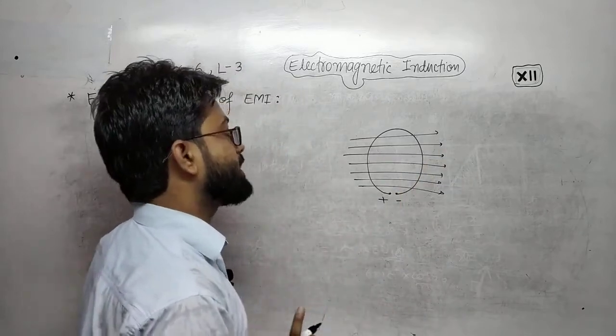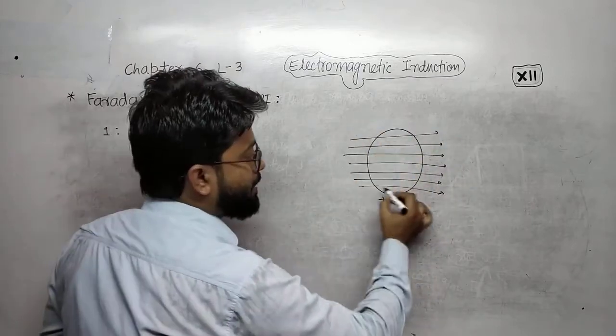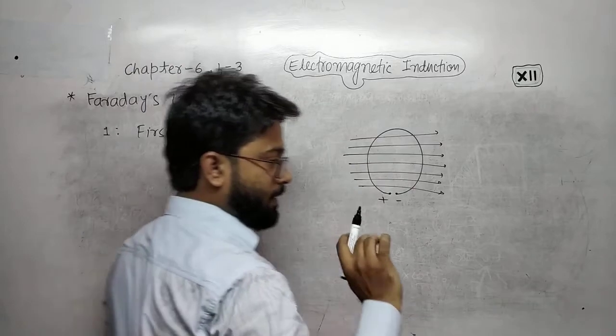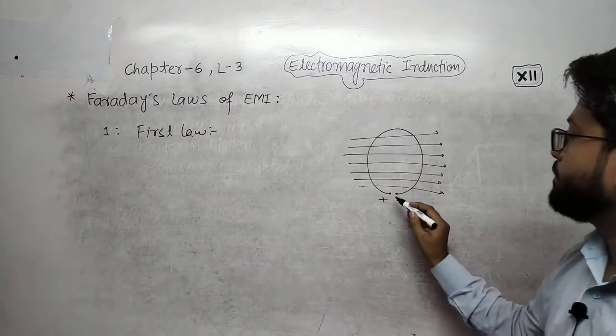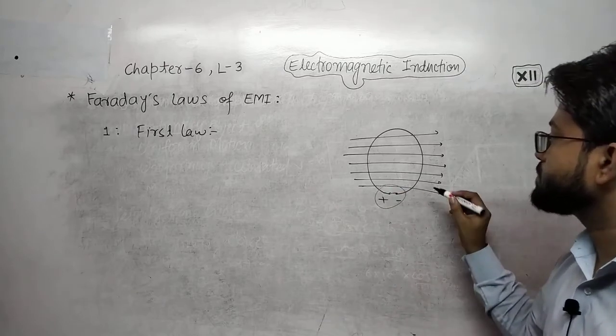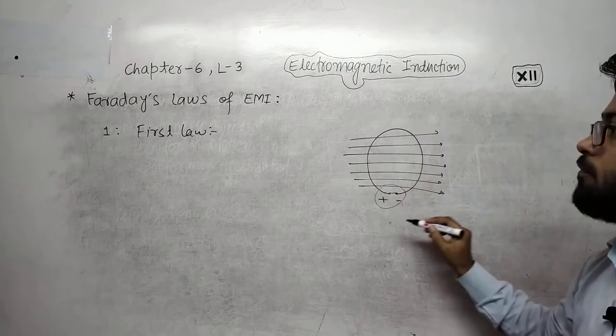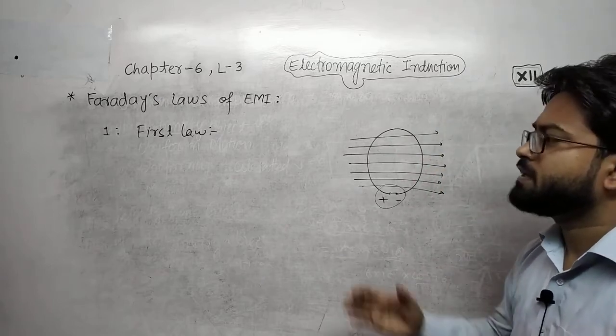In other words, if the magnetic flux passing through a particular coil changes, an EMF is set up across its ends. If this is closed, then a current will flow in the closed circuit. This is the first law.